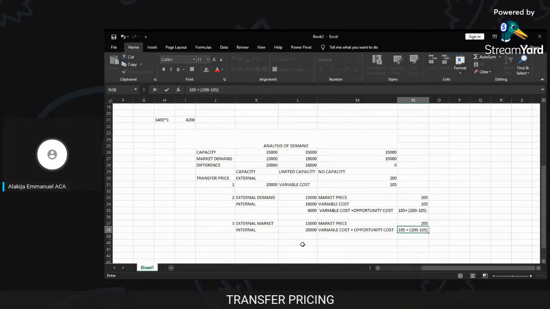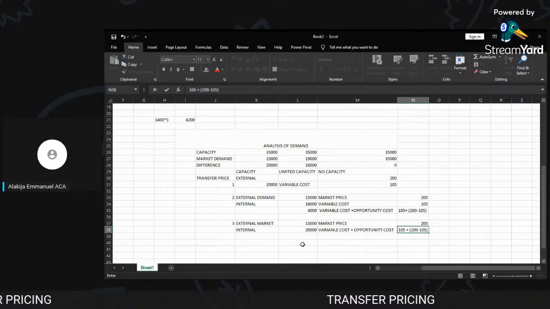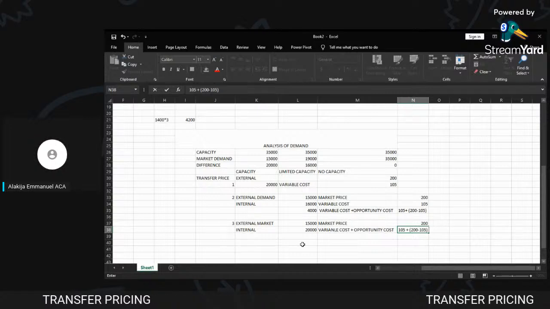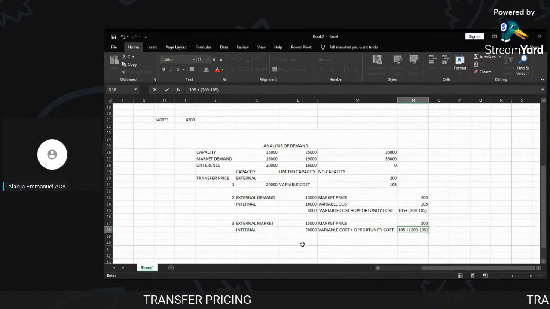So now they said Y division, which is the buying division, needs 20,000, but we don't know the market demand yet. Now the market demand fluctuates. A particular period market demand was 15,000.